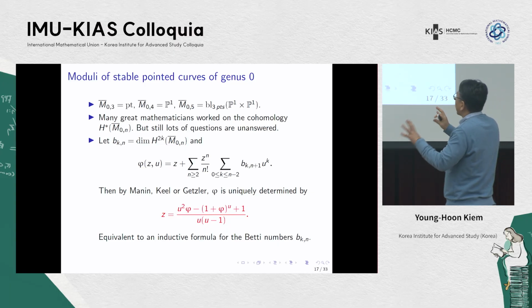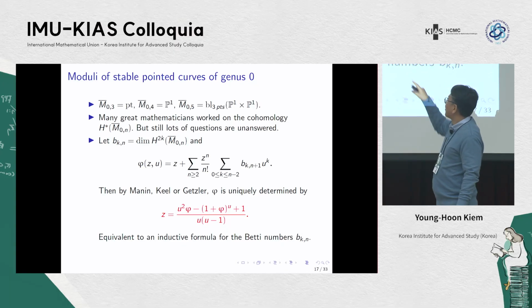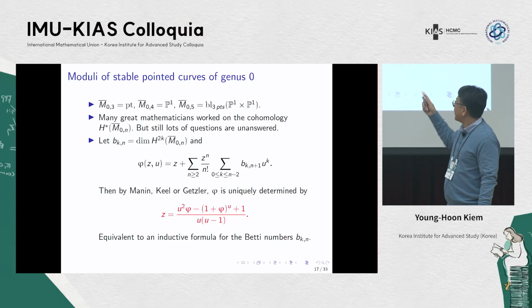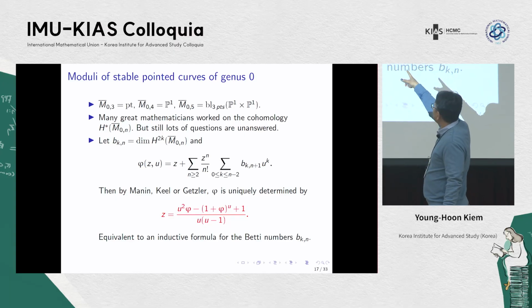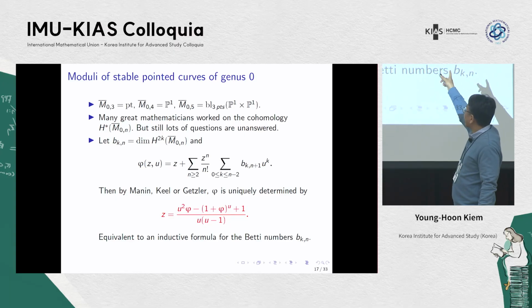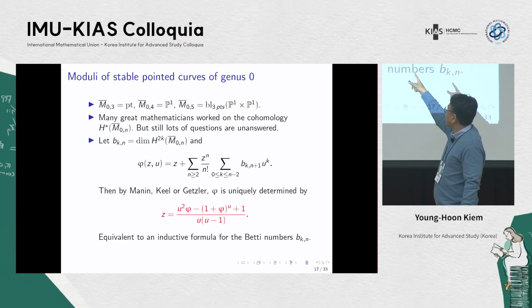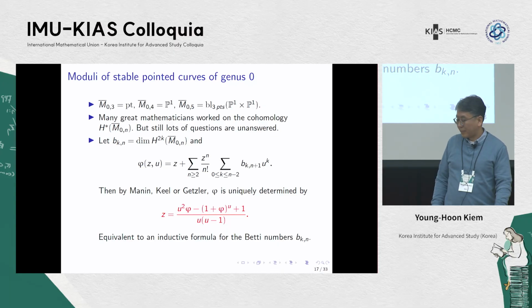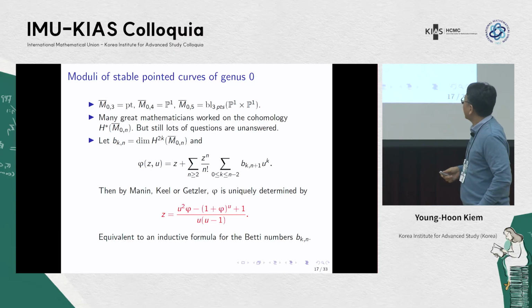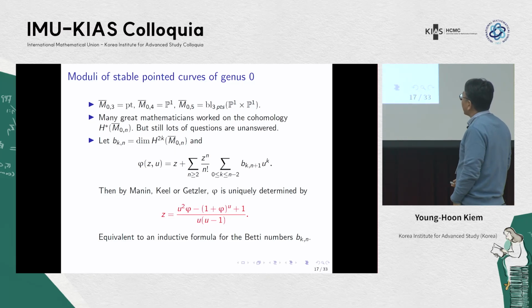All these numbers can be put into one function, the generating function phi(z,u). The innermost sum is the Poincare polynomial of M0n bar, and then you take the exponential sum of the Poincare polynomials with the new variable z. So that's the generating function of all the Betti numbers of M0n bar.